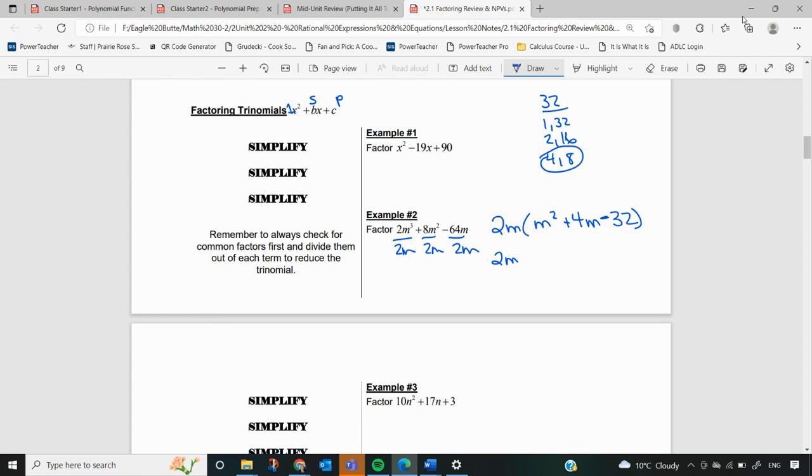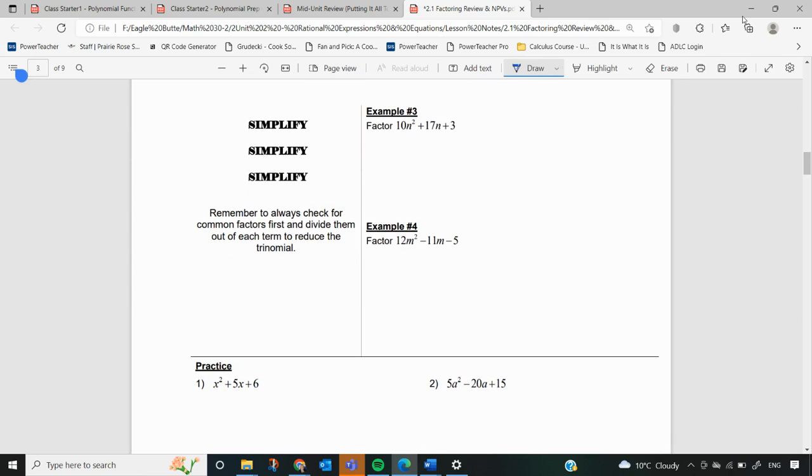If it's positive, that means they're both the same sign. So I want two numbers that have opposite signs and have a sum or difference of 4. Since it's a positive 4, 4 will be negative and 8 will be positive. So my factors will be m plus 8 and m minus 4. Again, you can check your work by multiplying it back out.